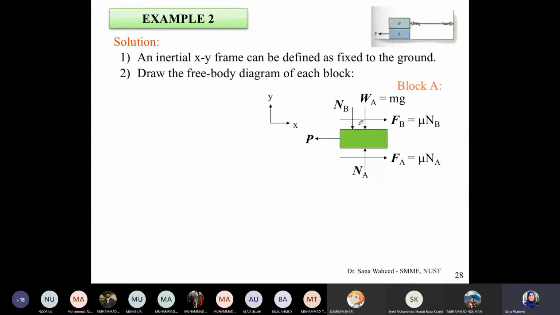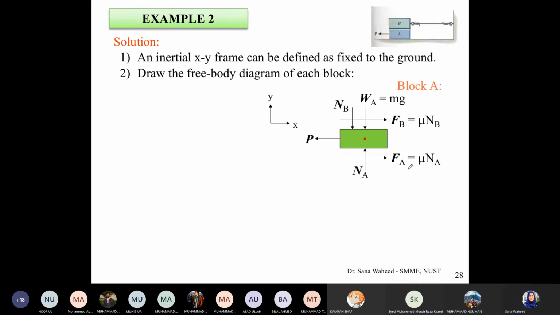Okay, this is drawn a little bit incorrectly. This weight should be acting through the center of gravity. But even this normal force should be acting through here, because the normal force also acts through the center of the area of the surface that it's acting on, which will be the same in this case as well. And then similarly we have a normal force acting from the ground on block A, and from this normal force there will be a frictional force.